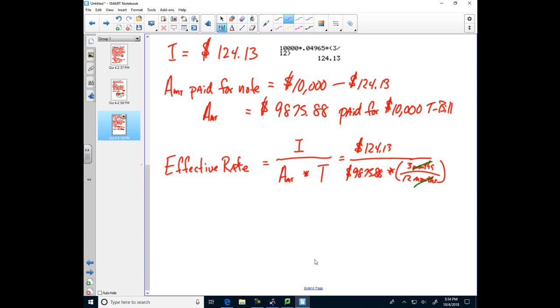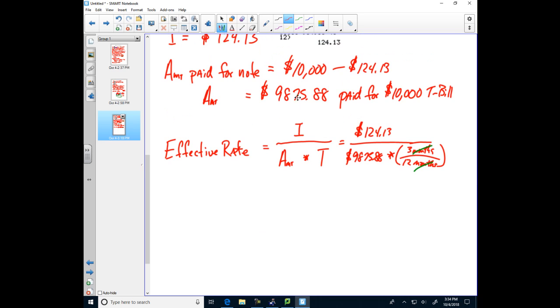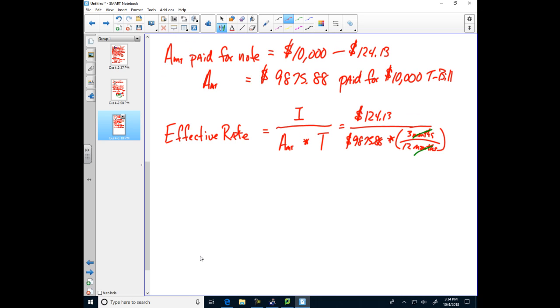Now this is one of the situations where we might come up a penny off depending on how we round this off. But I'm going to assume it's that. It's actually been rounded off, but I'm going to just leave it like this.